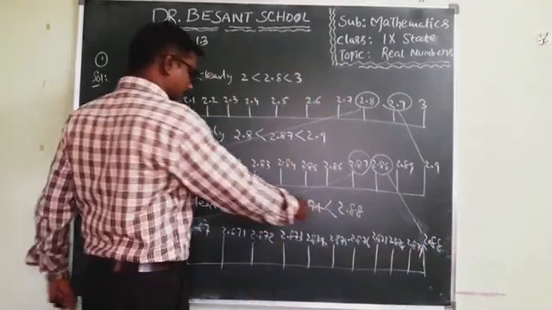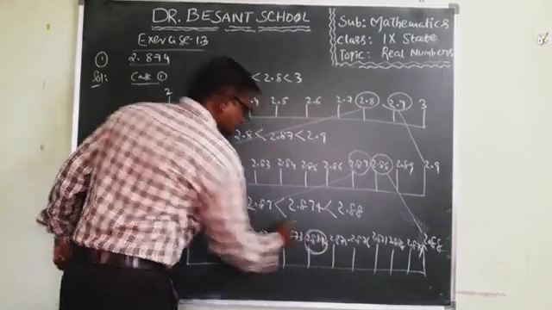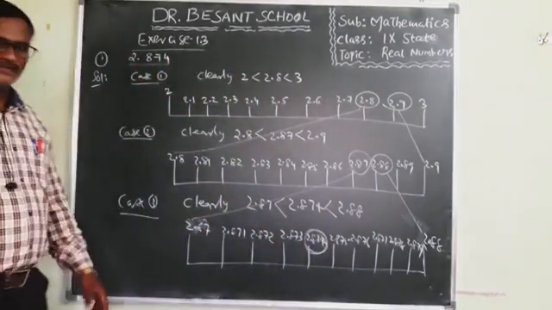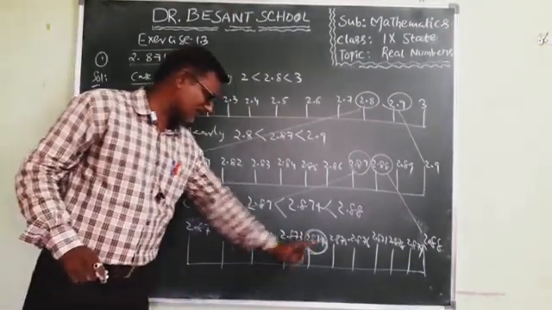Okay, where will you get 2.874? This is 2.874, so round off that one.